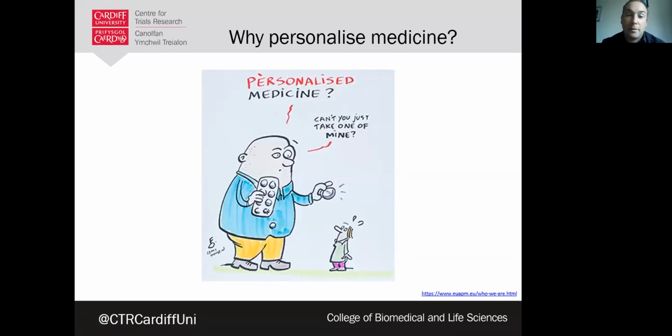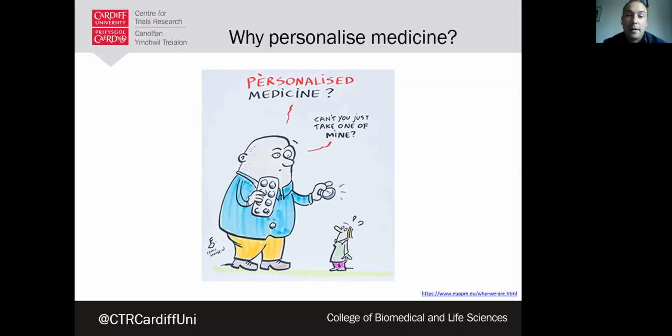So the idea of this approach is actually quite simple and not particularly new. The idea is simply that patients get the treatment that works best for them, or that we think works best for them.